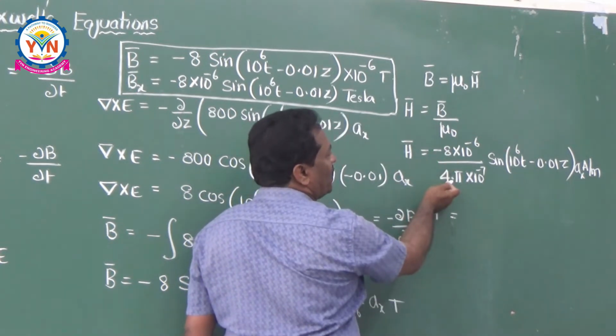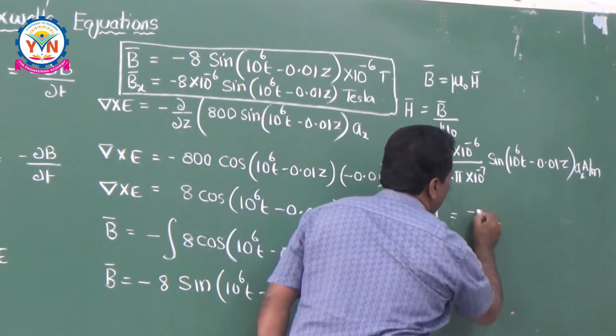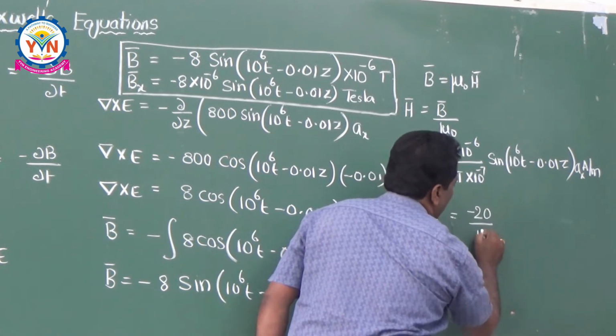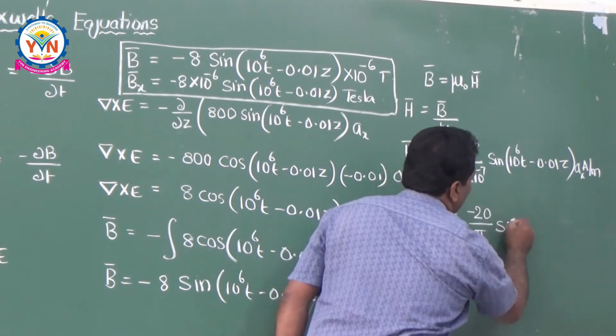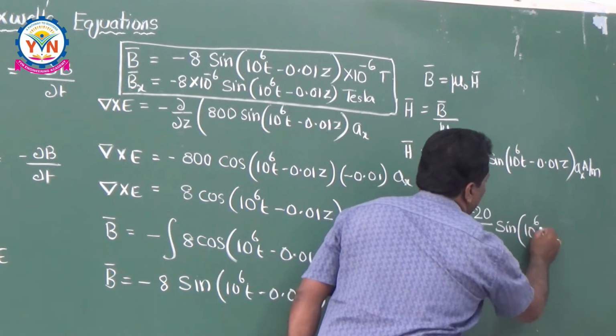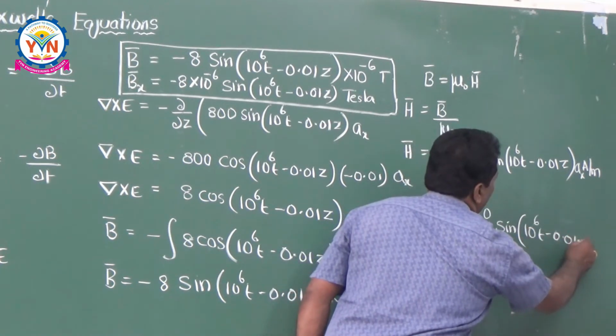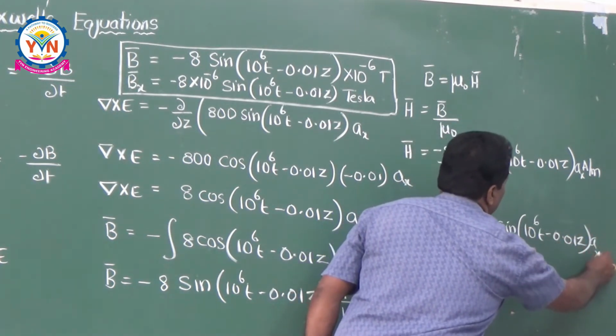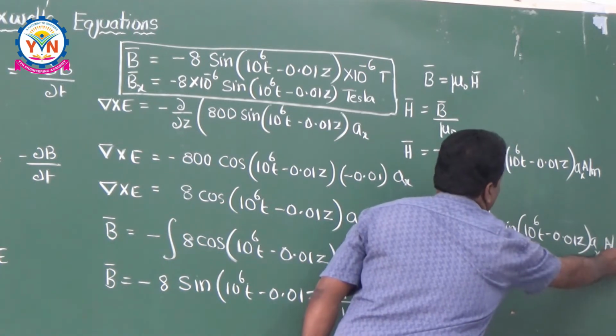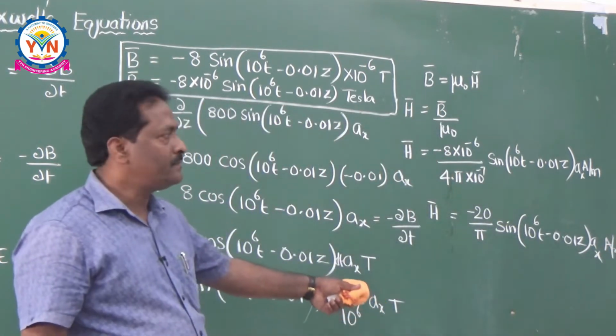80 by 4, 20. So minus 20 by pi sine of 10 to the power of 6t minus 0.01 into z ax ampere per meter, right?